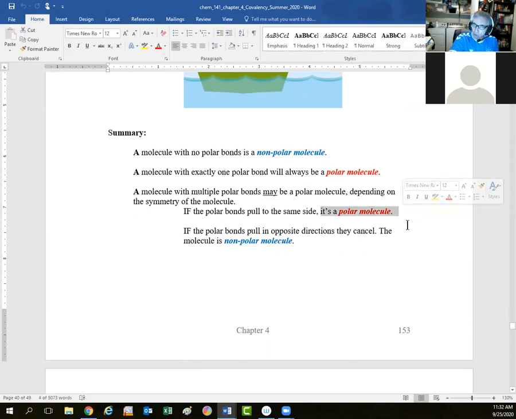That will make a polar molecule. If they're pulling in exactly opposite directions, then they cancel out and we've got a non-polar molecule. That's normally when we've got two polar bonds in a linear molecule, three polar bonds in a trigonal planar molecule, or four polar bonds in a tetrahedral molecule. They perfectly cancel out each other's effect.